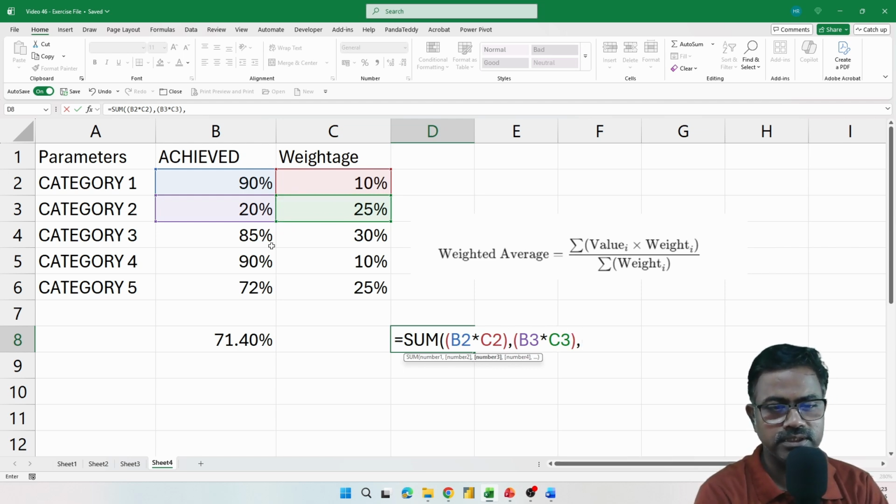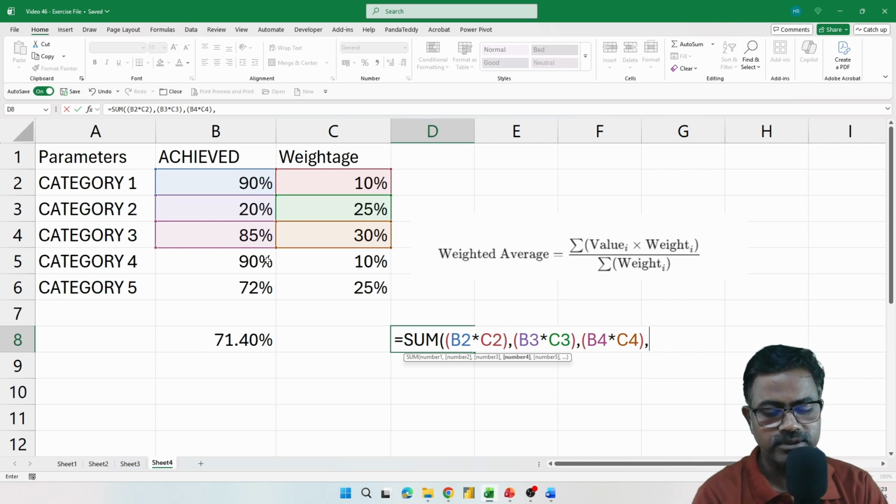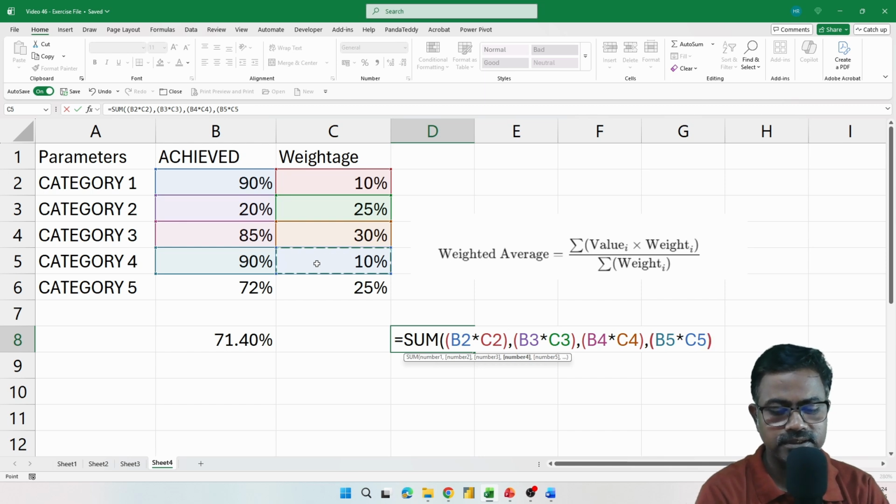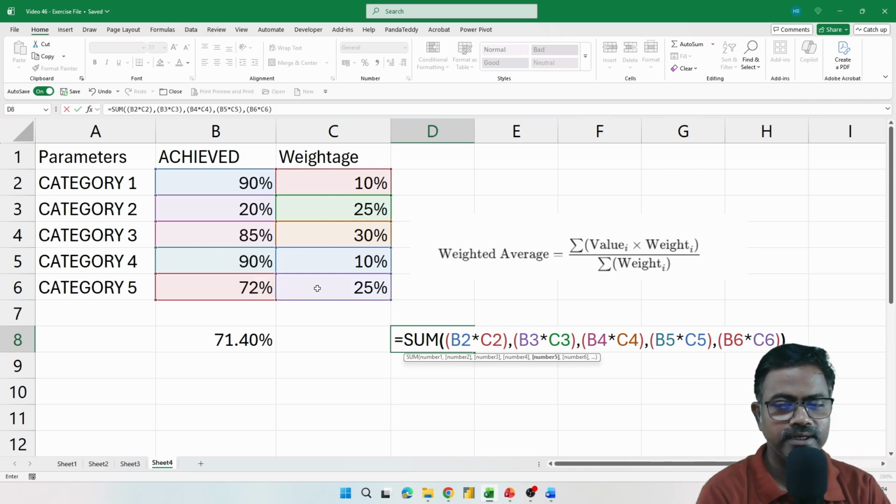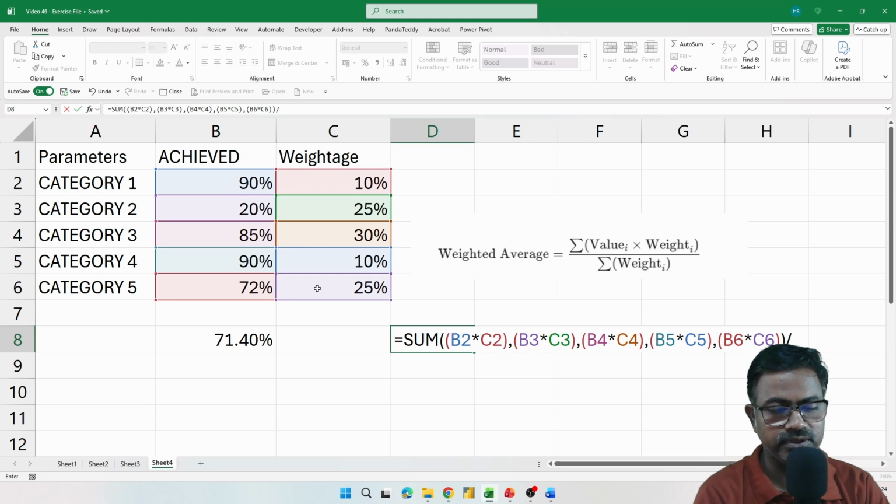I'm showing you literally how people generally calculate such a thing, and I'm going to show you the easiest way to do the same instead of this traditional method. But the most important thing is understanding the basics so that you will know why that simplification will help you. So, dividing it by the sum of the weightage value.